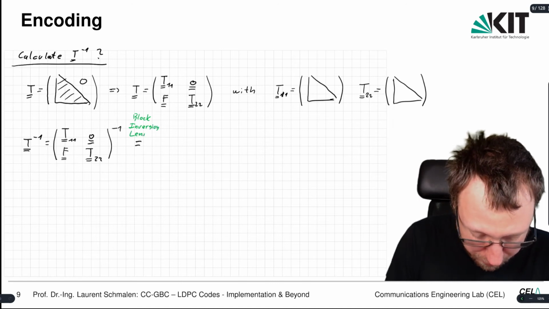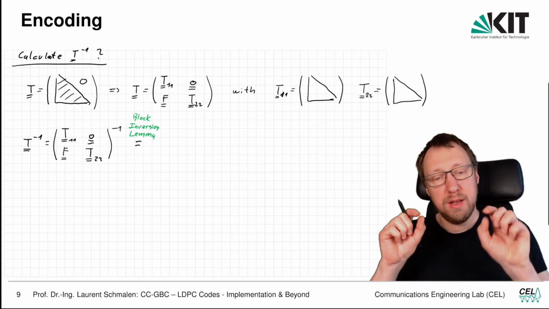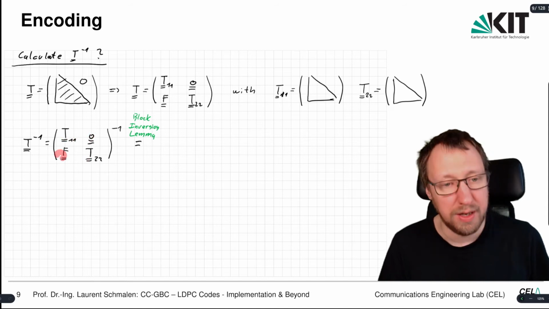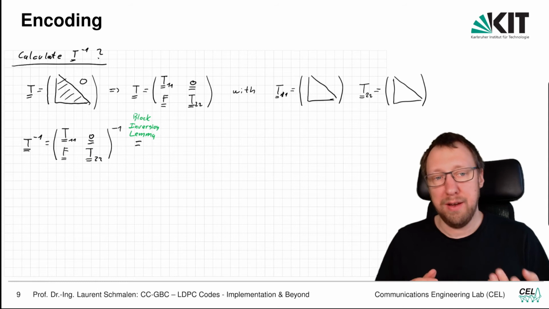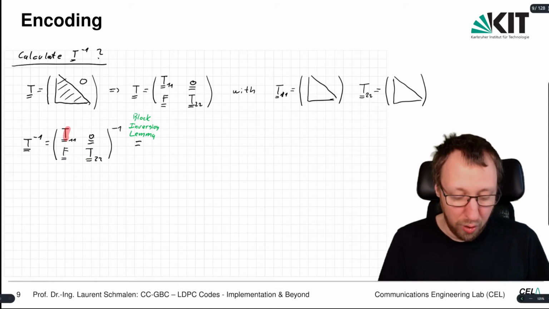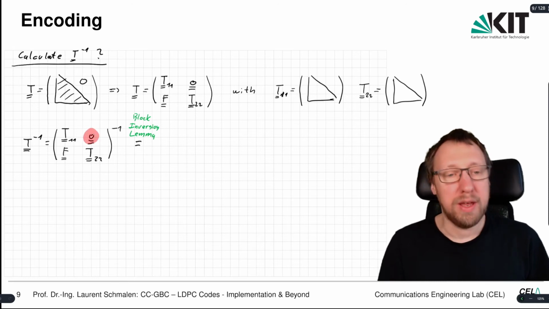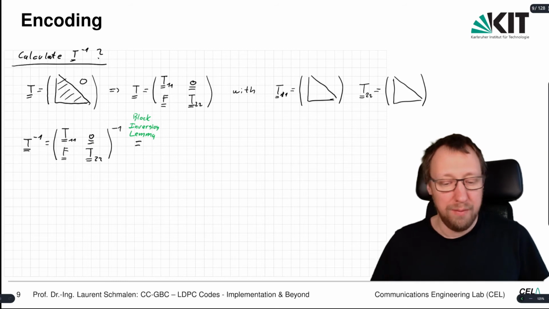The block inversion lemma is an expression for the inversion of a block division. If you subdivide your matrix into such a block structure, the block inversion lemma will give an expression for calculating the inverse as a function of the 4 different components. And because of this 0 here, a lot of these terms will vanish.